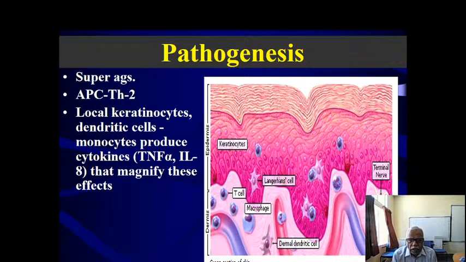These helper cells act as T cells and secrete cytokines, that is TNF alpha and interleukins. They may further magnify the lesions and in turn stimulate round cells like macrophages, further lymphocytes, plasma cells. So that's how the pathogenesis increases.